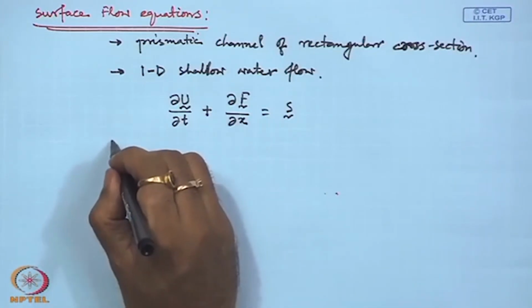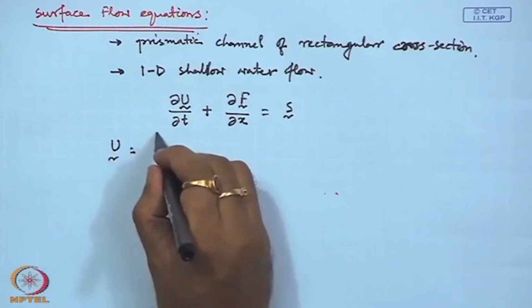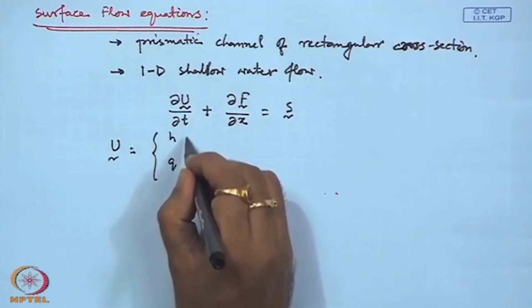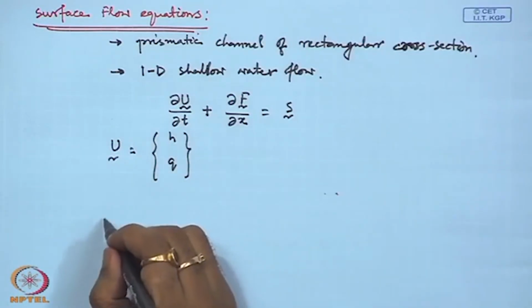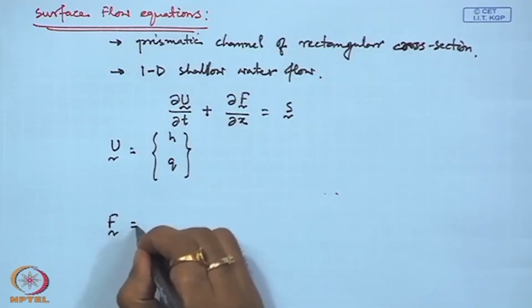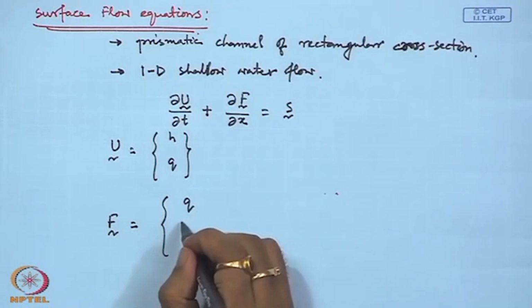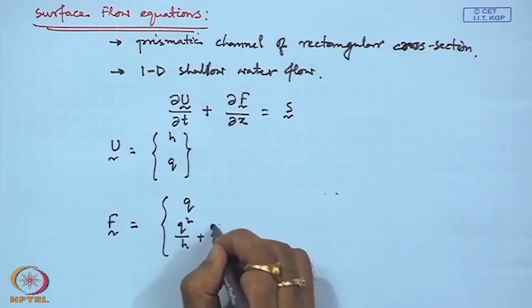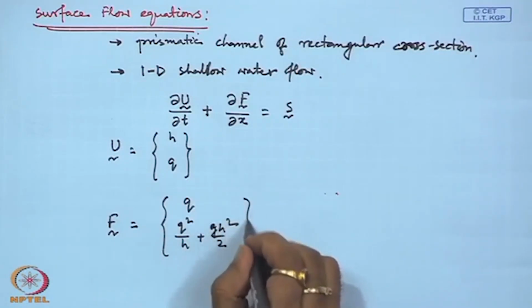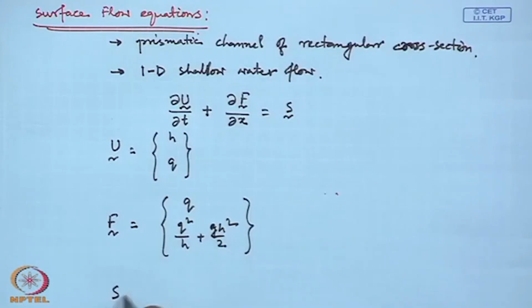In this case U is basically H and Q, then we have F which is Q and Q square by H plus g H square by 2, and S is R minus I, g H S naught minus S F.